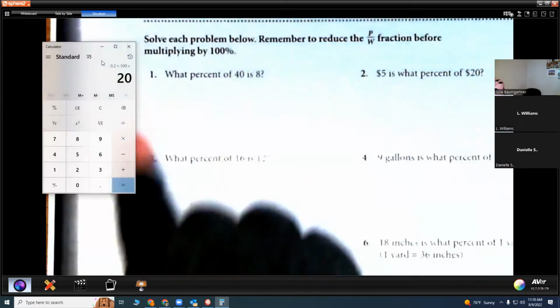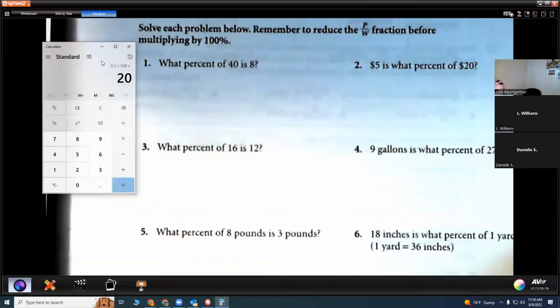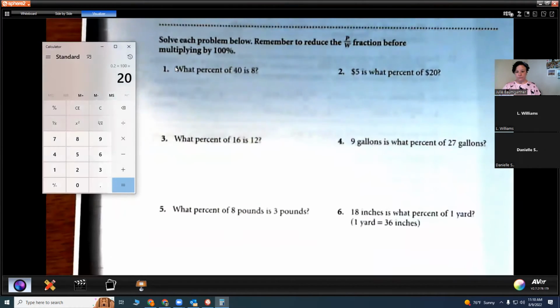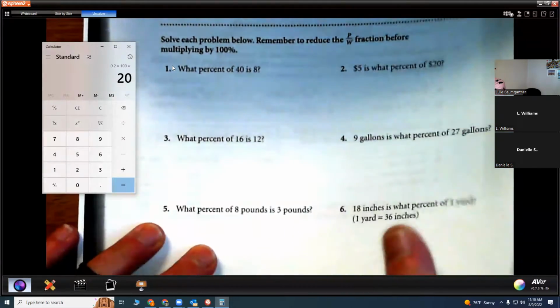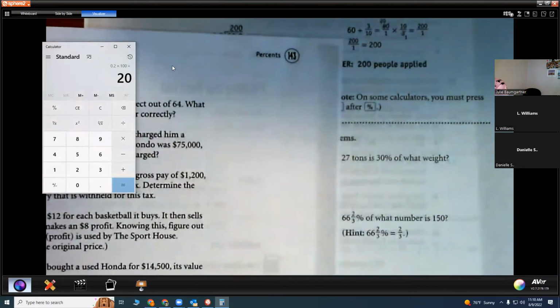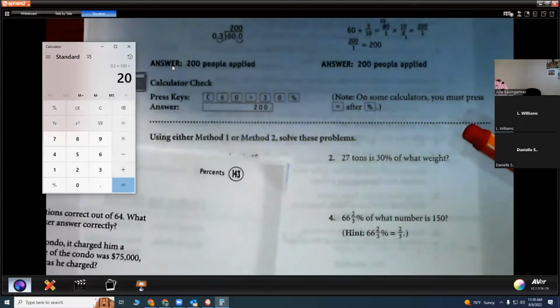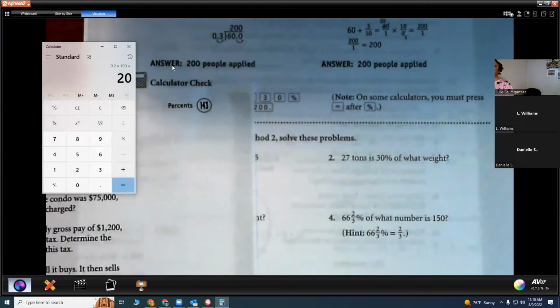Okay. Do you guys feel okay on this, or would it be helpful to just work these problems just to remind ourselves what we're doing? Okay, everyone's okay? If you want to work on those problems on your own, you can. Is everyone feeling good about these simple percent problems where you need to find the percent, the whole, or the part?